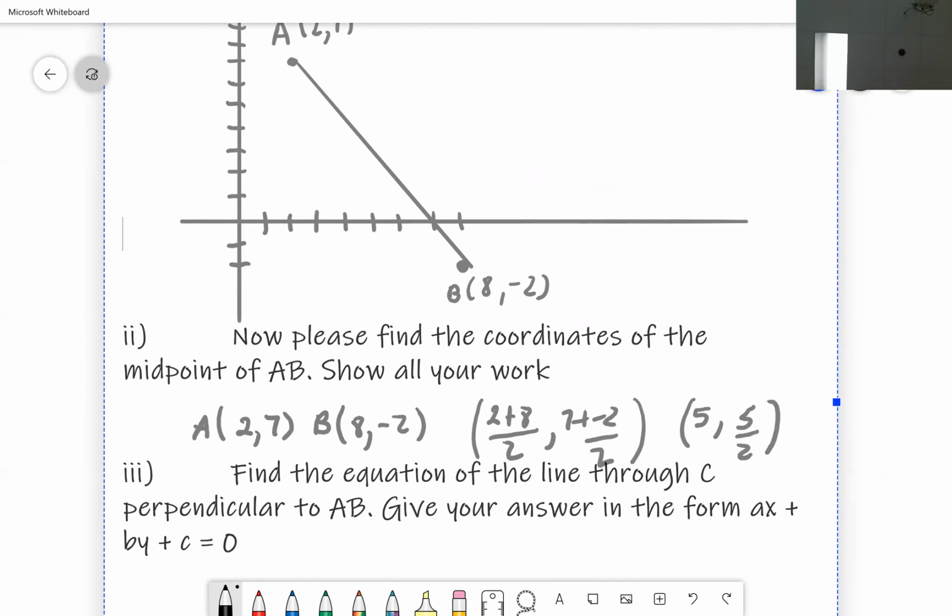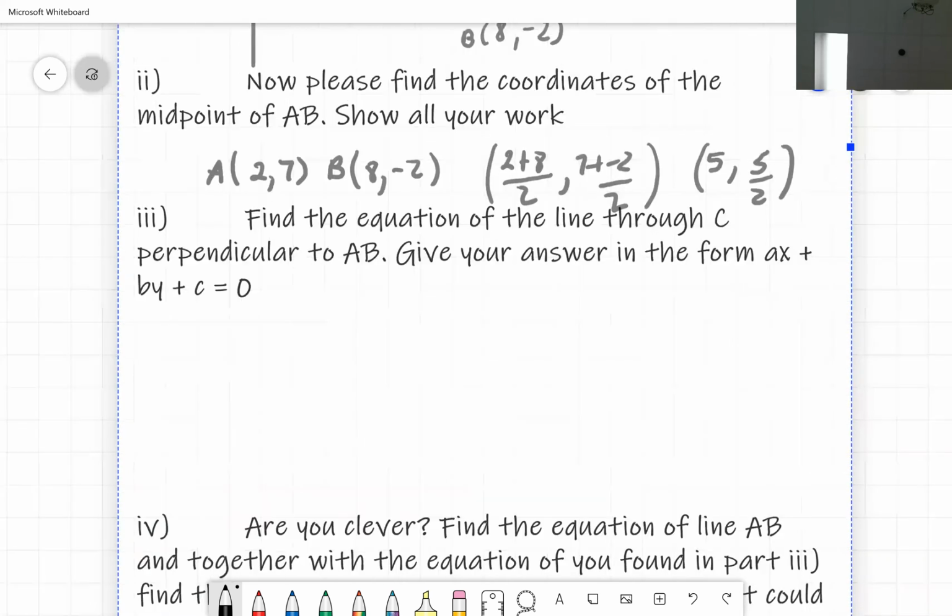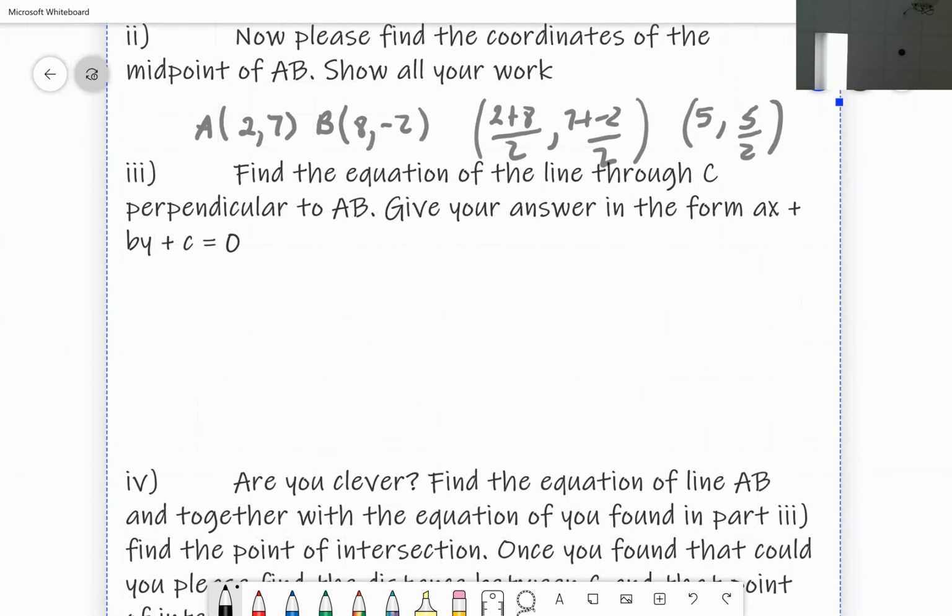We found the midpoint. All right, so now let's get to the part which is not the best part. It says find the equation of the line through C perpendicular to AB. Give your answer in that form. So the key here is to determine first the slope of AB, right? That is what we went over last class.